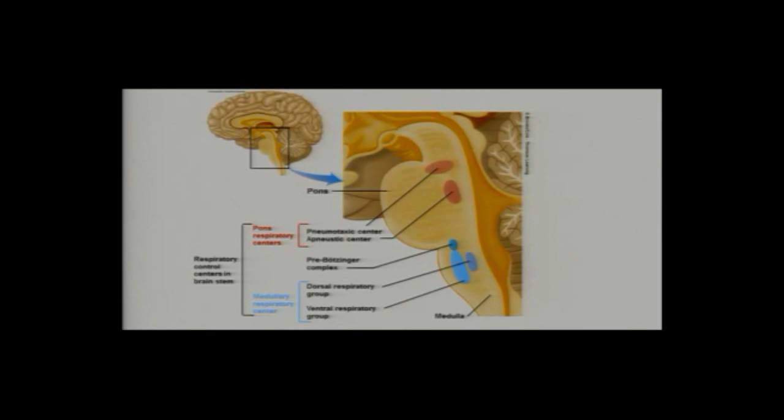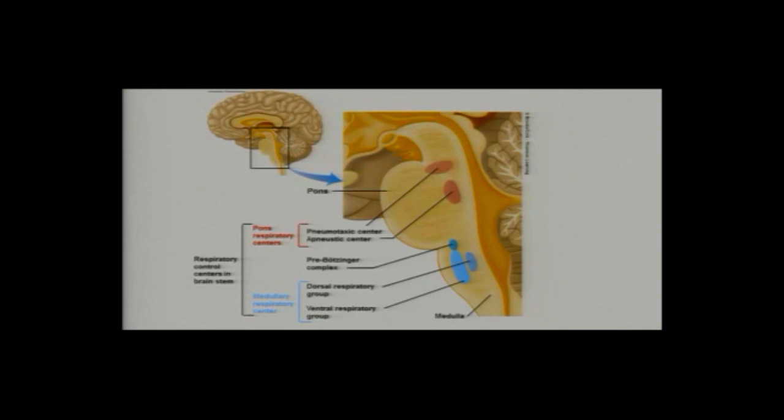Okay. When we look at respiratory control, the essence is, number one, that respiration is under both involuntary control and voluntary control. And that involuntary control is an interplay between top-down control and feedback from the body regarding metabolic needs, adjusting the rate and depth of breathing.